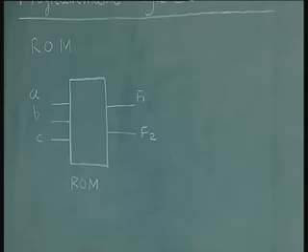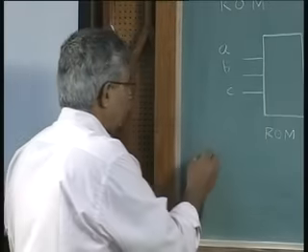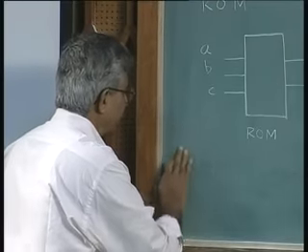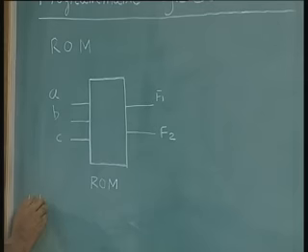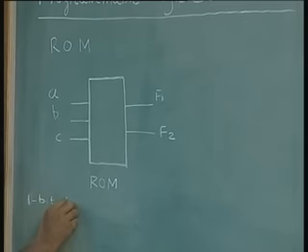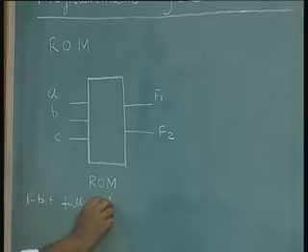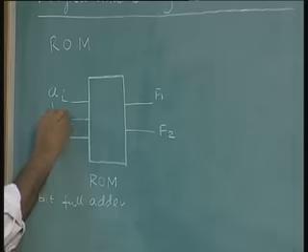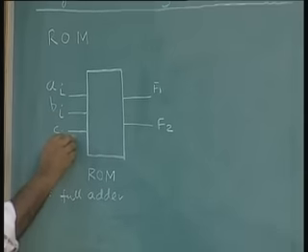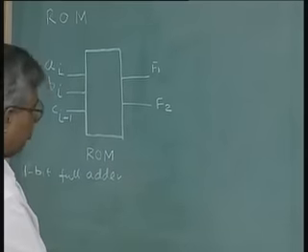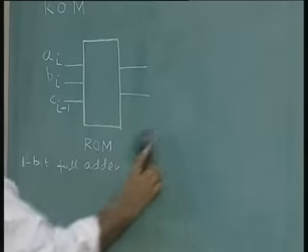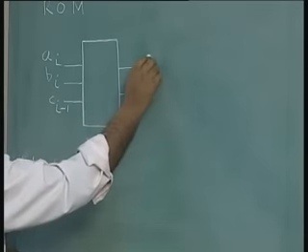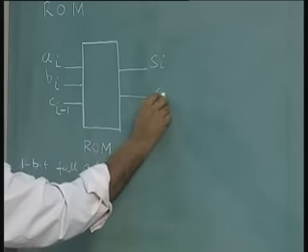Now, let us take a simple example, the same full adder. I will not write the whole truth table, you are familiar with the truth table. In the 1 bit full adder, the inputs are Ai, Bi, Ci minus 1, and the outputs are Si and Ci.